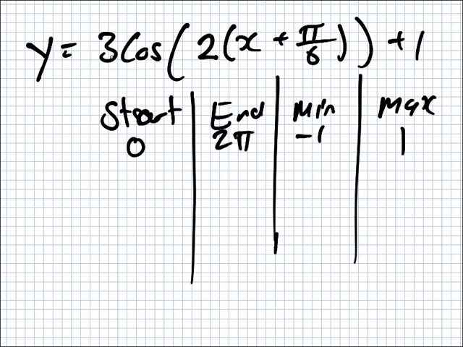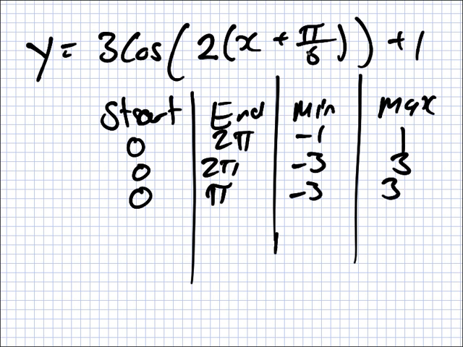What does the 3 change? Amplitude. What does the 2 change? The end, which will be now what? Pi. What does the pi over 6 do?